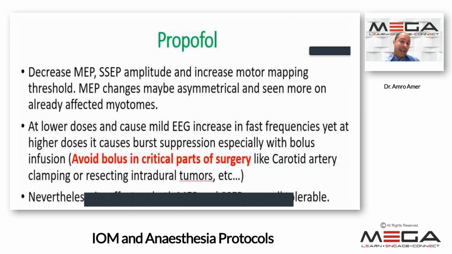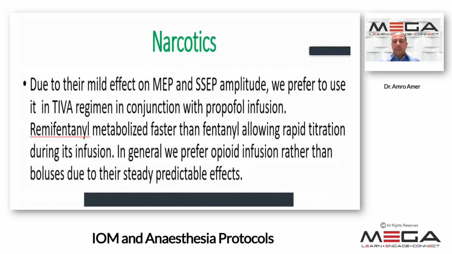If you have to use it, at least let the neurophysiologist know, because he will see a huge depression of his motor and sensory. Narcotics: the preferred one is fentanyl, fast, and everybody loves it. It has a mild effect.